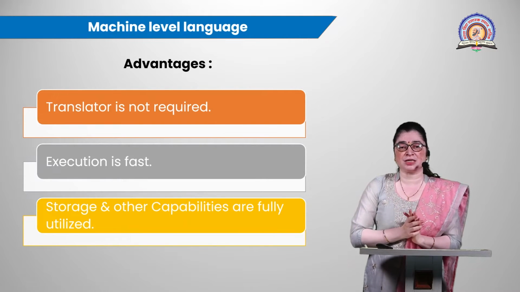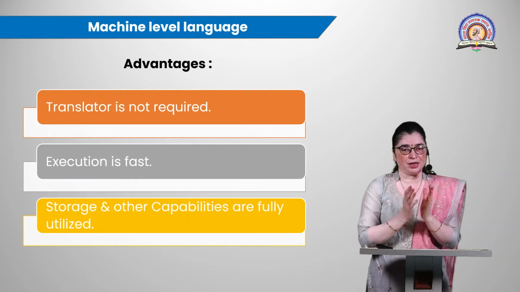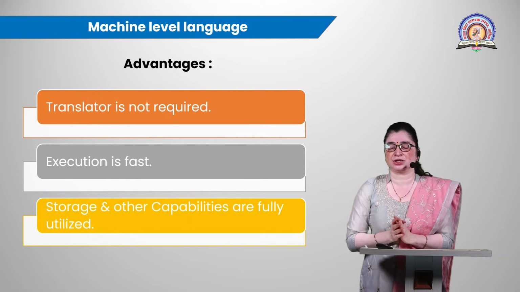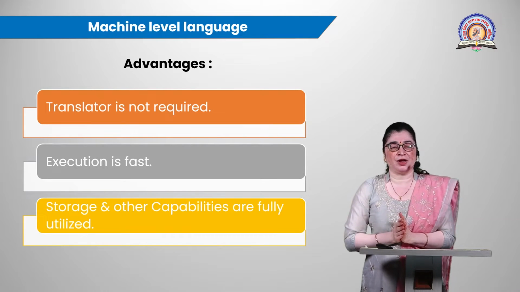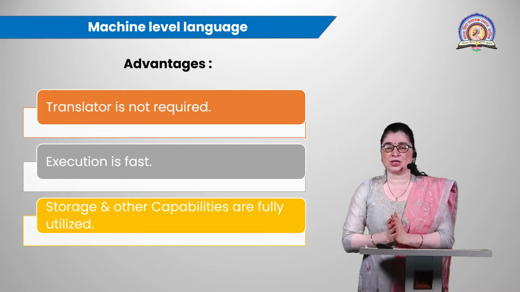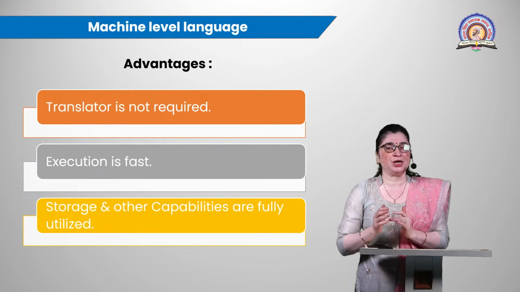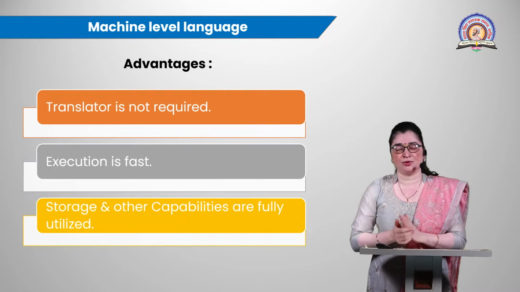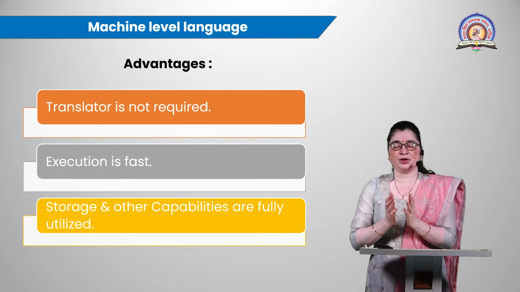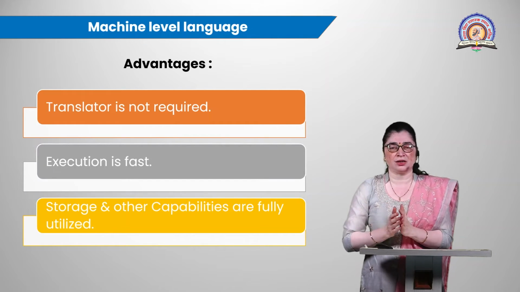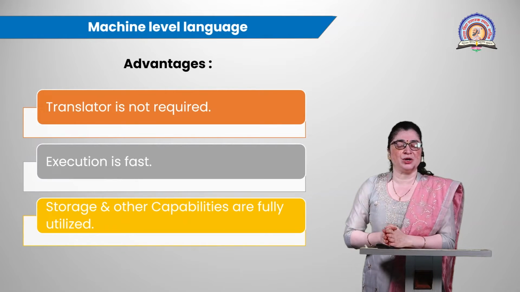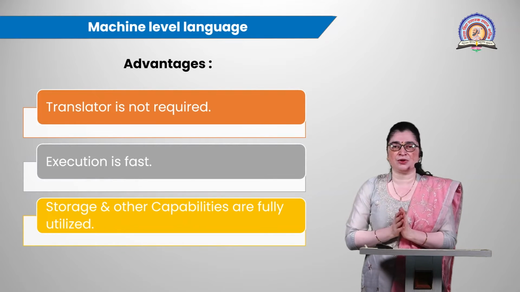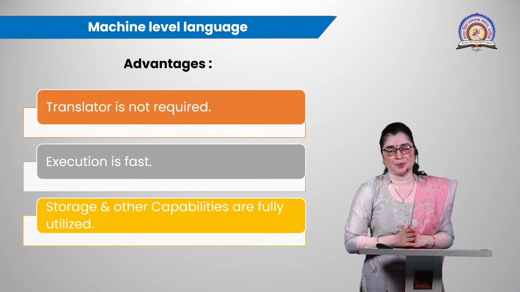We have already discussed that input unit, it converts the data and instructions into binary form. But in machine language, we already write the program in a binary form in zeros and ones. Therefore, there is no need of further conversion. And for this conversion, we require either assembler or compiler. In case of machine language, there is no need of any translator, no need of any assembler or compiler.